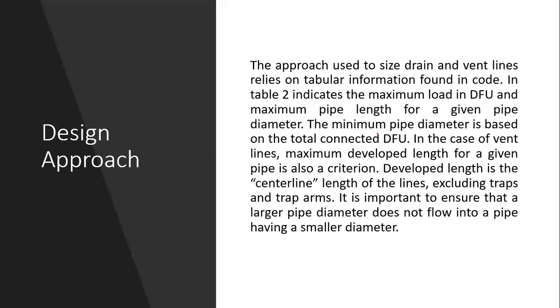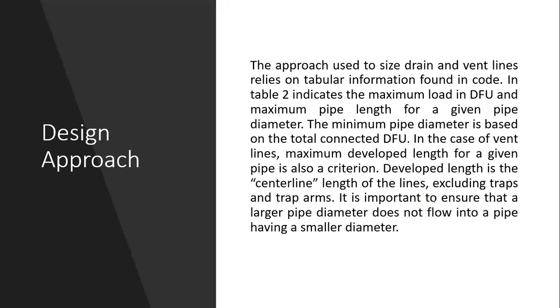The minimum pipe diameter is based on the total connected DFU. In the case of vent lines, the maximum developed length for a given pipe is also a criterion. Developed length is the centerline length of the lines, excluding troughs and trough arms.